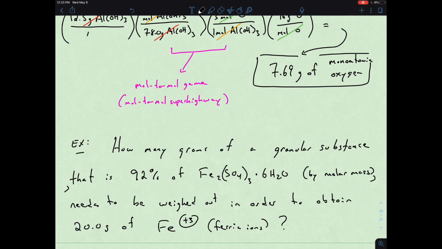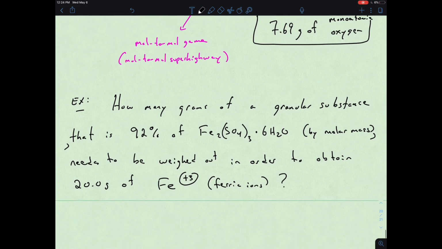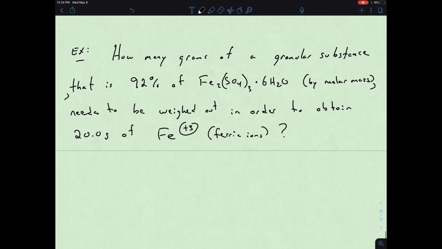So there is our question. How many grams of this substance, which isn't pure, contains 92% of what we want, which is the Fe2SO4 6H2O, or the ferric sulfate hexahydrate. And so how much of this substance do we need to weigh out in order to obtain what we want, which is 20 grams of iron?